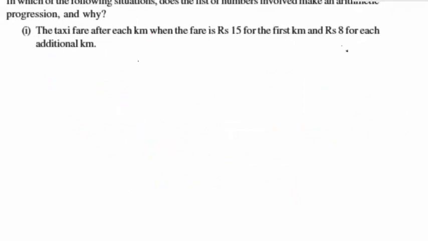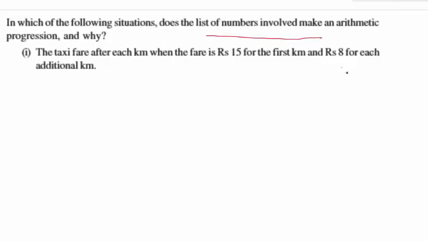Now the third question is, in the following situation, does the list of the numbers involved make an arithmetic progression, and why? The first part is the taxi fare after each kilometer, when the fare is ₹15 for the first kilometer and ₹8 for each additional kilometer.